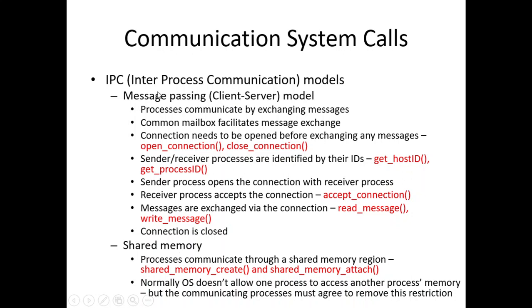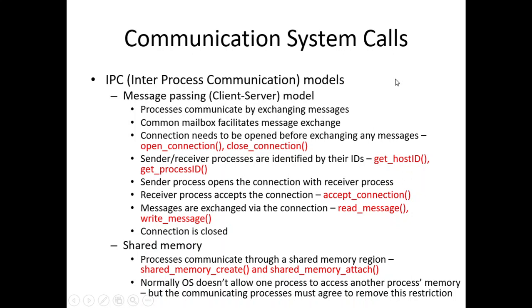In the message passing model, two processes communicate with each other by exchanging messages. Say process one wants to communicate with process two, then they exchange messages for this communication. This message exchange happens via a common mailbox, which facilitates the message exchanging.